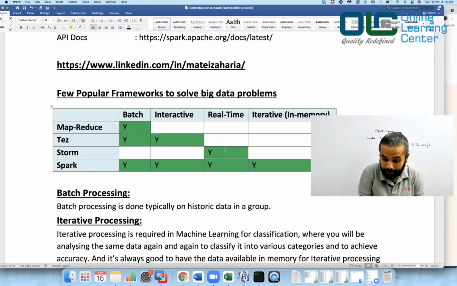Storm is for real-time streaming, and Spark can do everything together. These days Spark is the market leader, and we use Spark in almost every kind of opportunity. As I said, unless the data is so big, or you don't want to spend a lot of money on a Spark cluster, you would basically use MapReduce. So today people are using either MapReduce or Spark, or a combination of both, whatever works.